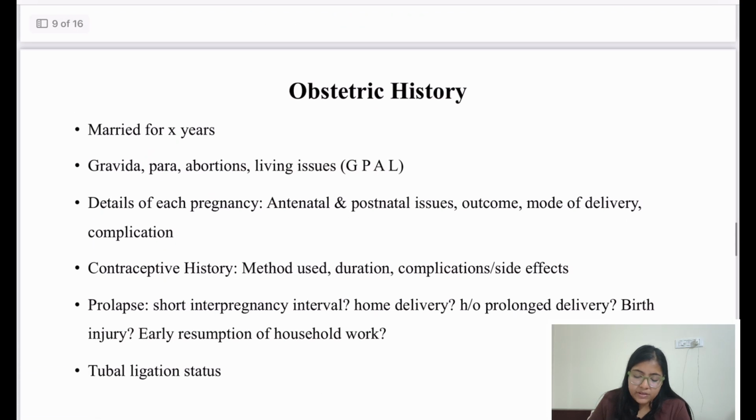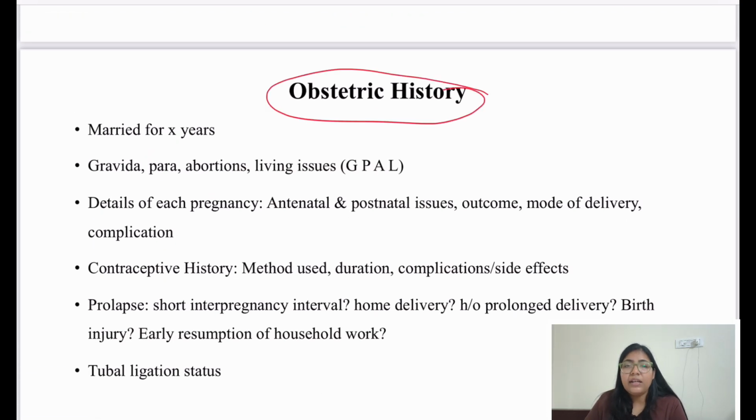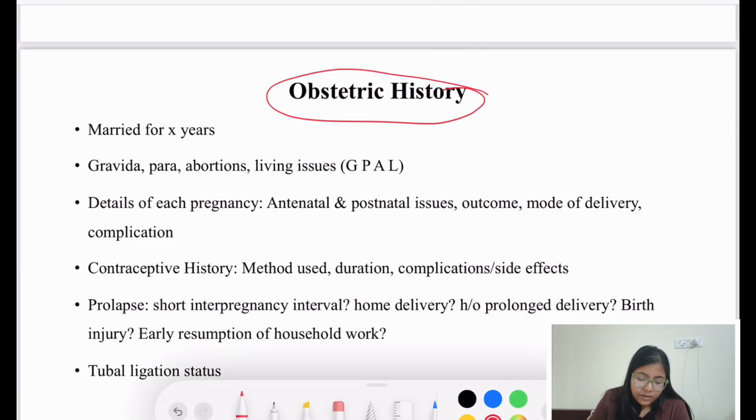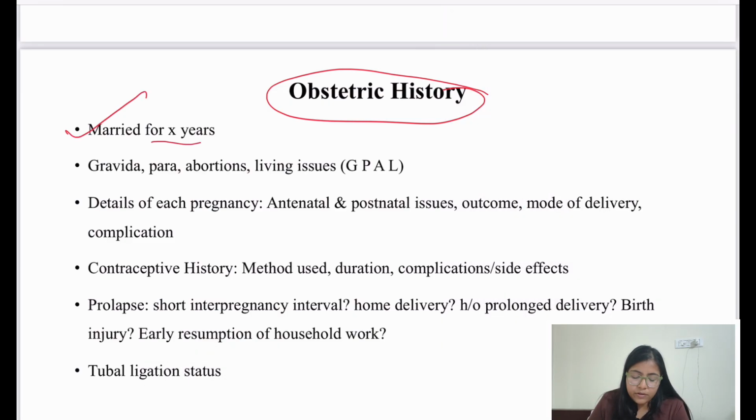Then after menstrual history comes obstetric history. Like in OBS history taking, we take obstetric history in details, past obstetric history in details, but here you may not need to take everything in details. Just ask overall about her married status, for how many years she is married, her parity status.